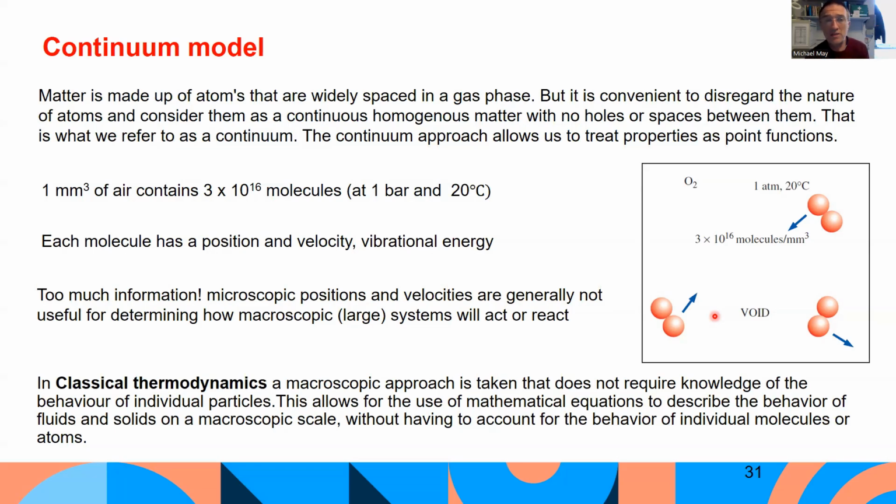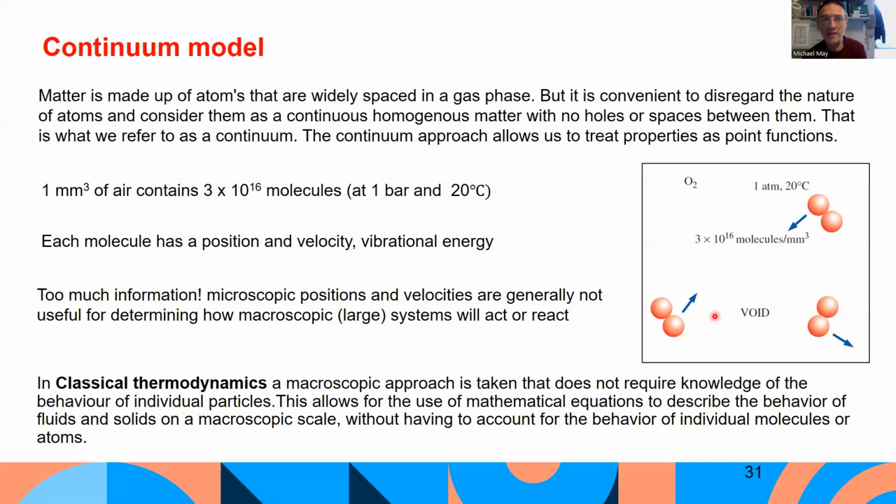So each molecule has a position and a velocity and a vibration. That's a lot of information. The microscopic positions and velocities are generally not useful for determining how macroscopic large systems will act. So we don't need to mathematically model everything that's going on in that 1 millimeter cube of air.